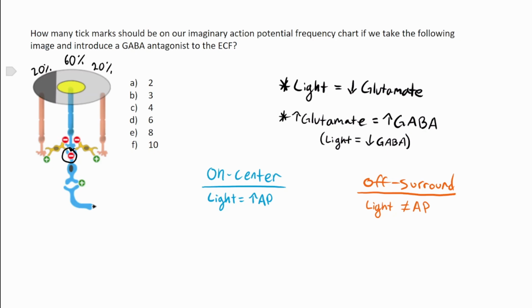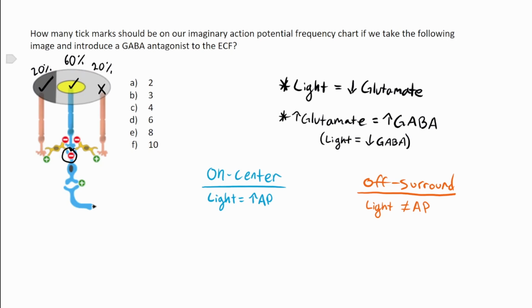If we were looking at this without messing with GABA, our on-center would have action potentials generated because we have light. Our off-center, on the right side, would not have action potentials generated because it was light. But the left side would have action potentials generated.